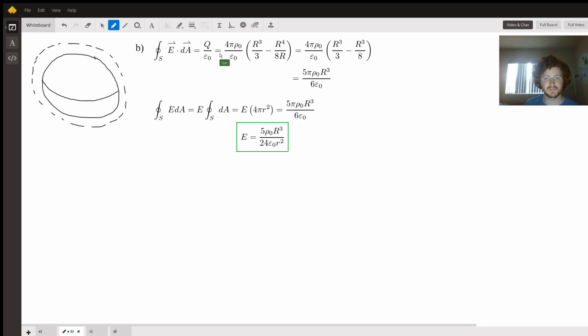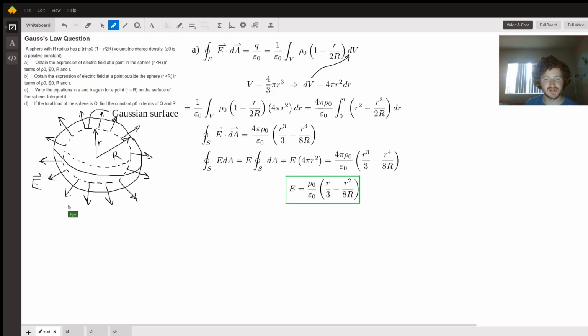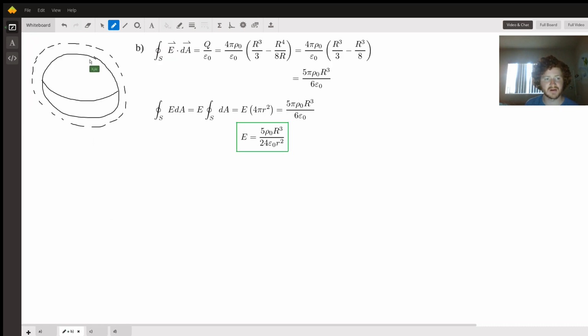So you have your charge equation here, where we were solving for the charge, and it becomes everything here except for the epsilon naught. You just plug in capital R, because that would give you the charge at the edge of the sphere, in other words, all of the charge. If you plug in R, then this is what you get.